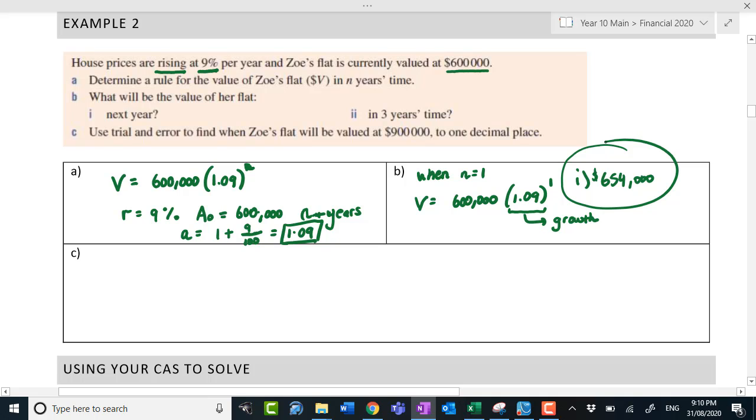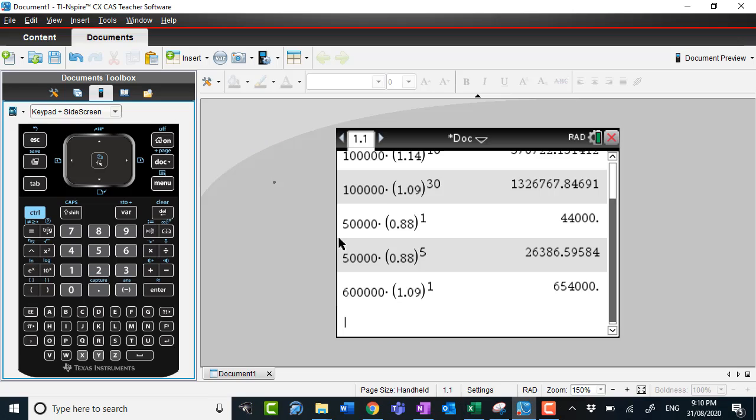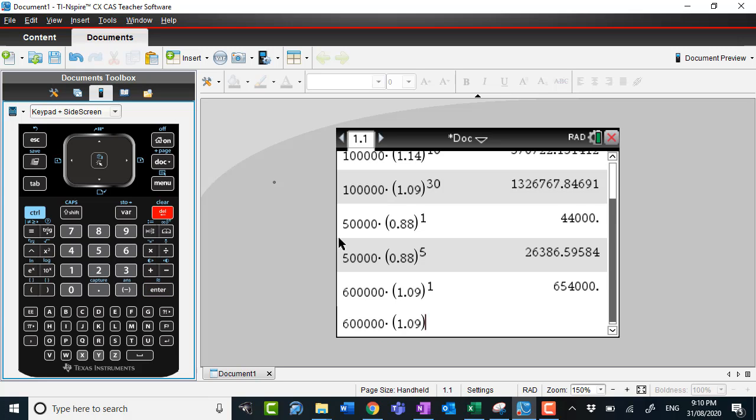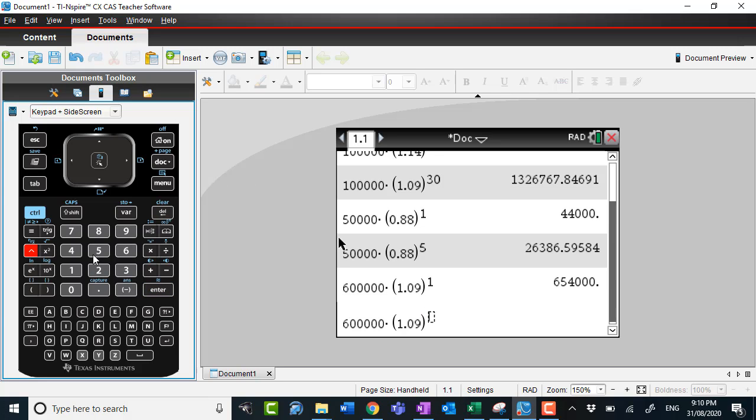But the magical thing about this is that we don't have to do a series of calculations. We can just go ahead and throw it into this exponential formula here. So after 3 years, let's press enter, that'll paste that down. Let's delete that and change that to a 3.